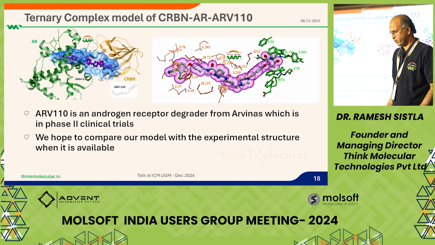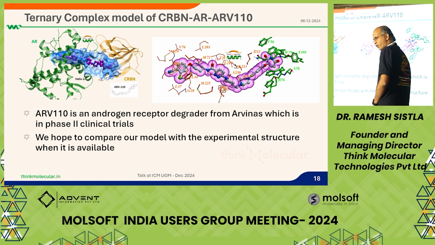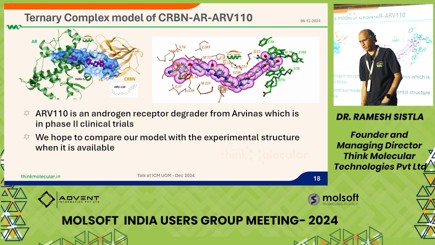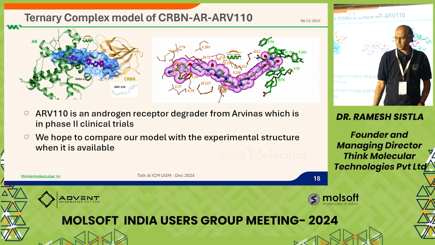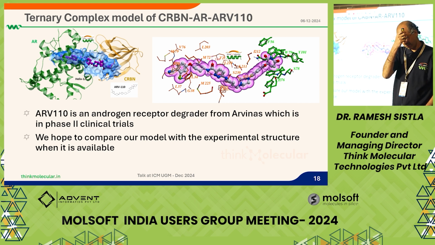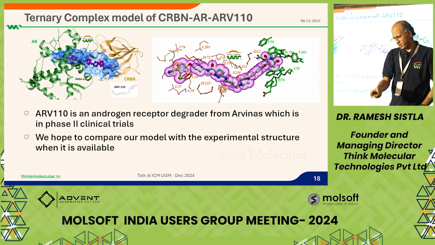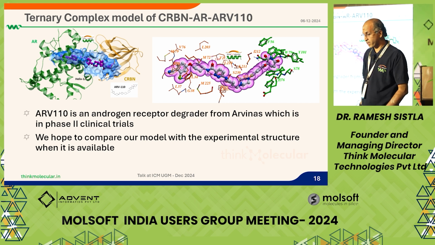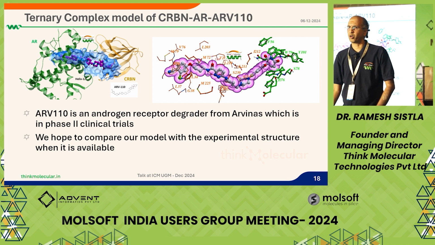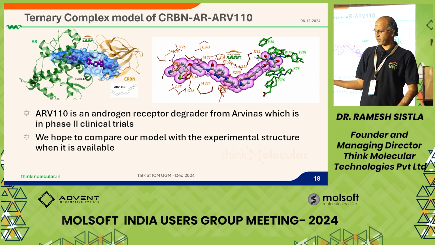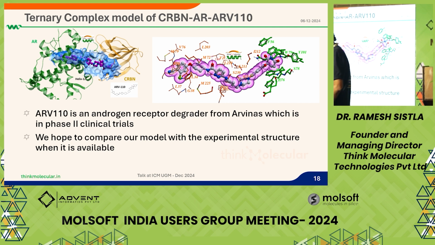In a similar way, we have modeled both ARV-110 and the other one, I think the androgen receptor degrader, and the estrogen receptor also. Androgen receptor is very close to me because there is no antagonist-bound structure for that.